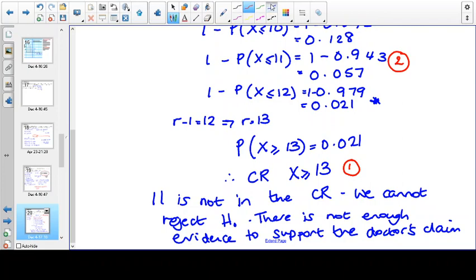But what I didn't do, actually, which I should have done, was say that 0.021 is less than 0.05.